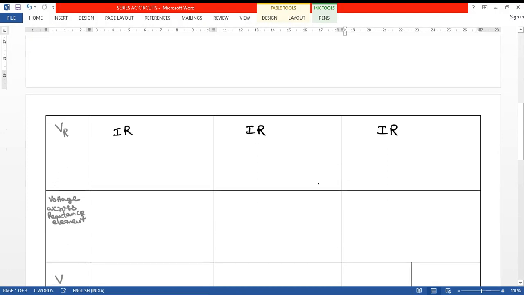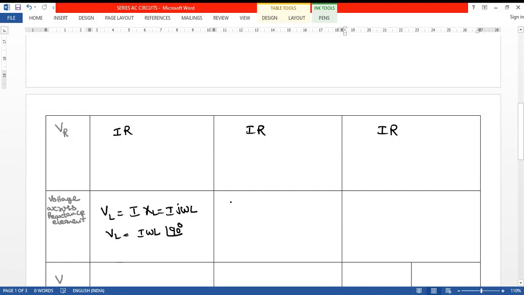Voltage across the reactance element. Here this is the series RLC circuit. In the series RL circuit, the voltage across the inductor is equal to I into XL, that means I into j omega L. So VL is equal to I omega L at an angle of 90 degrees.